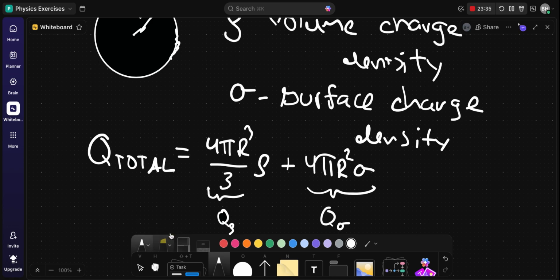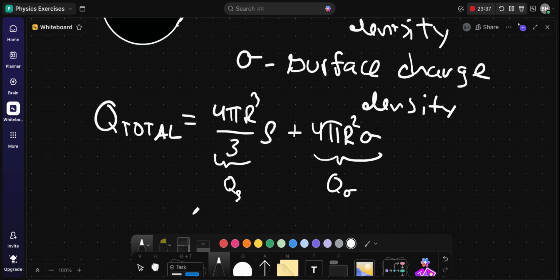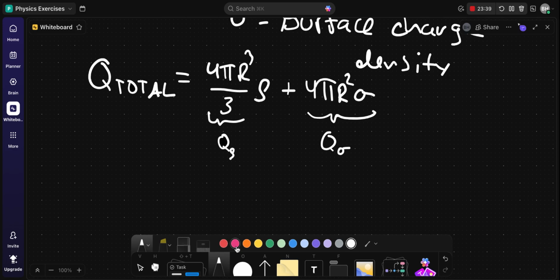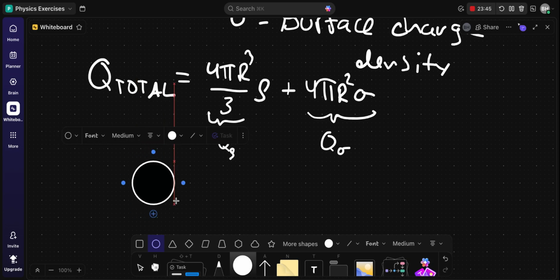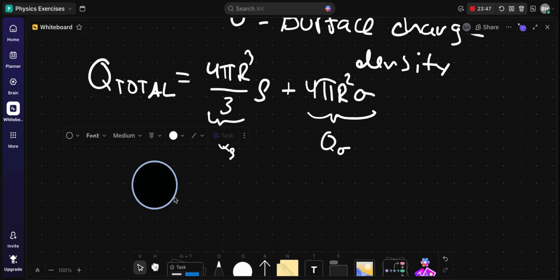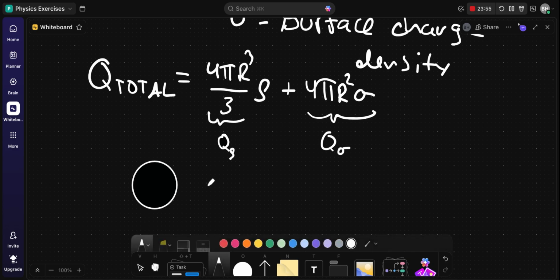But now we want to calculate again the electric field. So again, I'm going to draw a circle, and that's supposed to have radius R. It doesn't scale as the previous one.